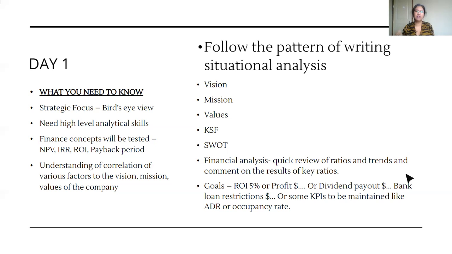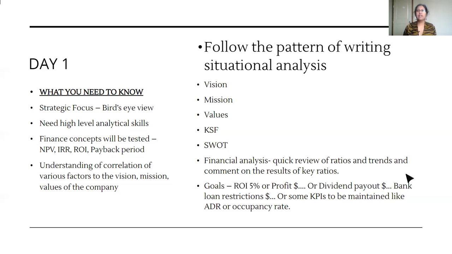So you should have that extra cash available to make that dividend payment. That has to be kept at the back of your mind when you are giving any decisions. You can't invest everything because you need cash in hand for the dividend payouts. So there would be different goals and restrictions in your case, and you will have to consider those while giving decisions on your strategic options.